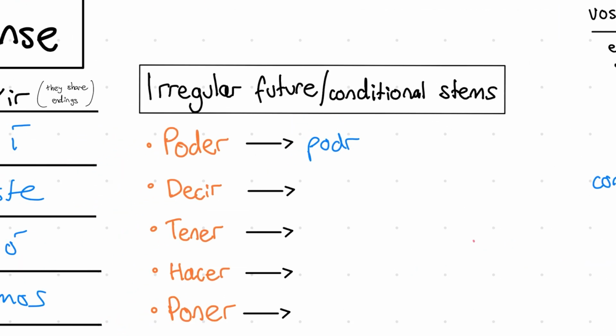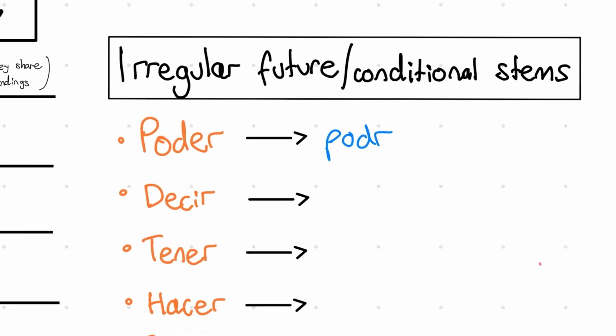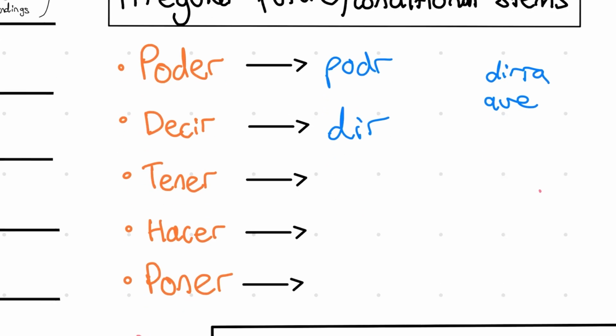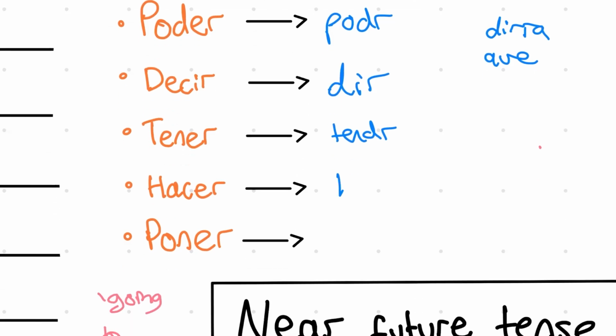Let's talk about the other stems. So poder is done, decir becomes dir. You may have seen diría, and that's where this comes from. I would say that diría from dir, from decir. Tener becomes tendr. We're almost just losing some of the vowels. That's sort of what happens here. Hacer becomes har, and poner becomes pondr.